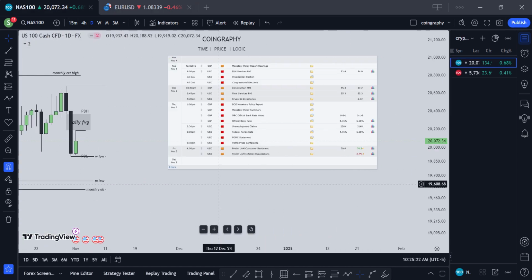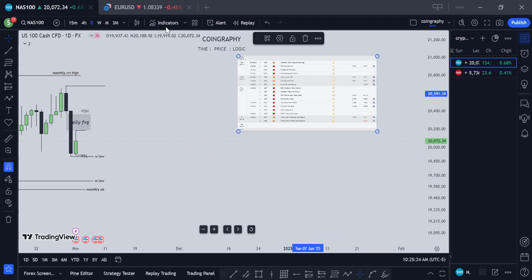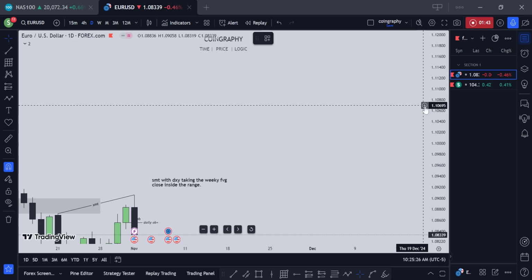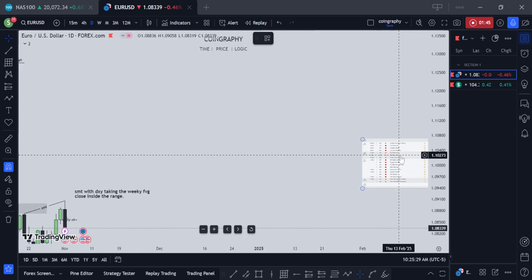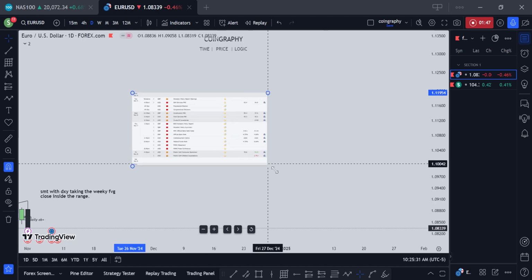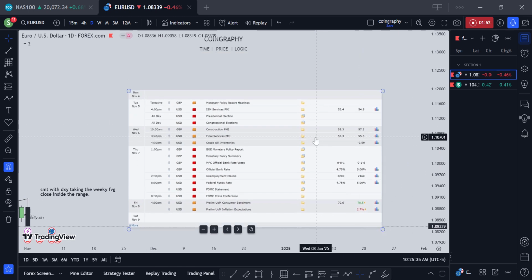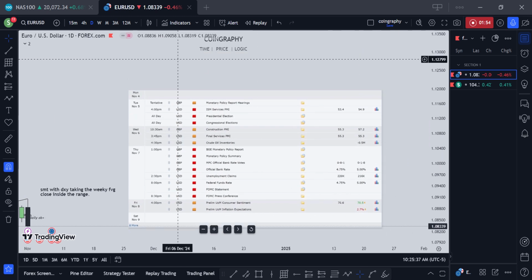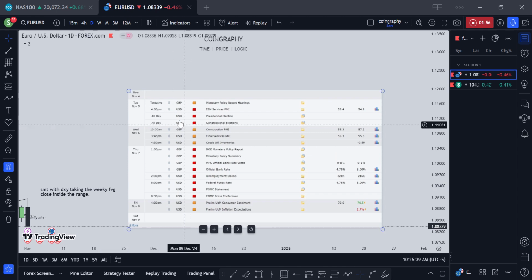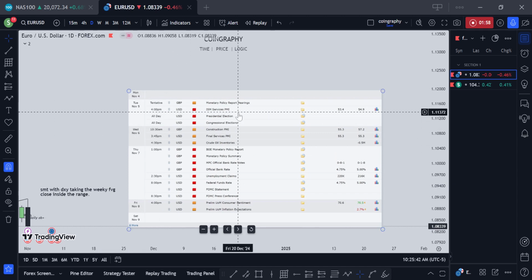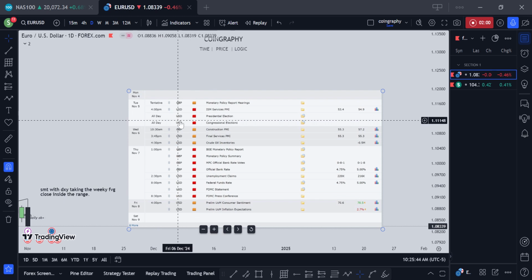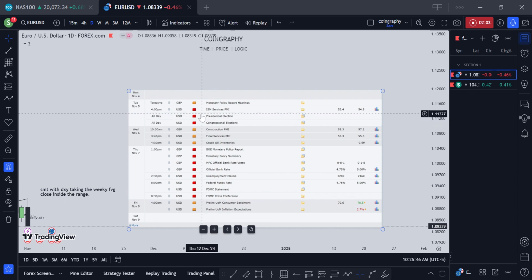Now, before looking at DXY, if we look at the news, we have no news Monday, which is typical. But what makes this week special is we are having the presidential election on Tuesday.